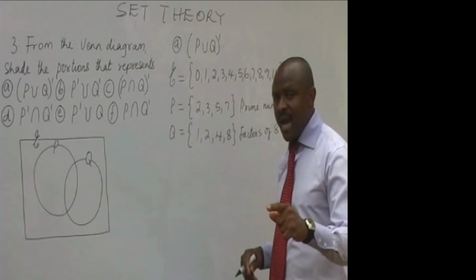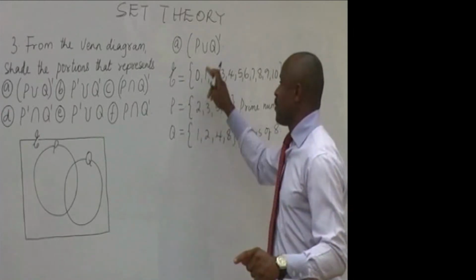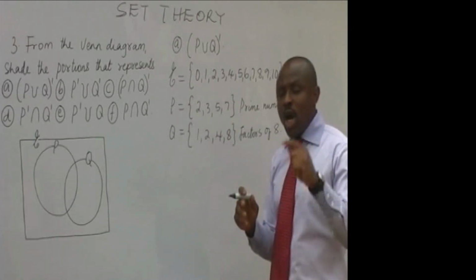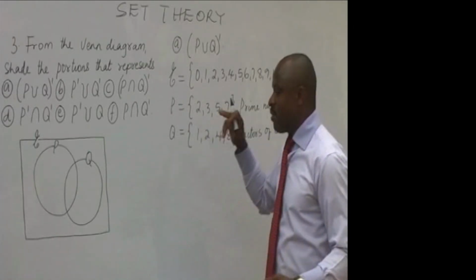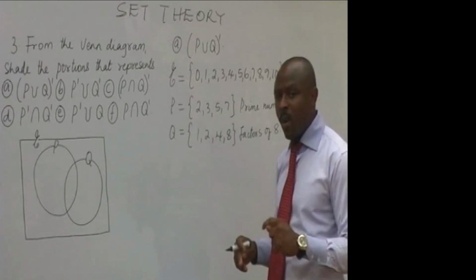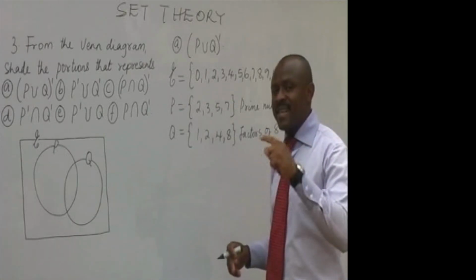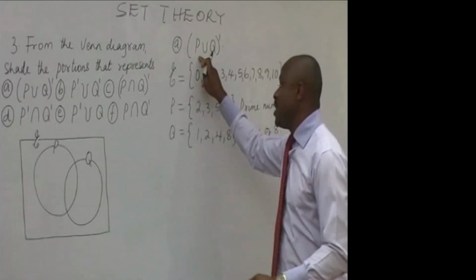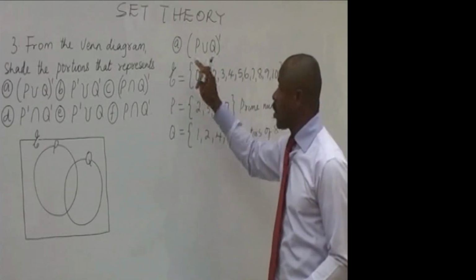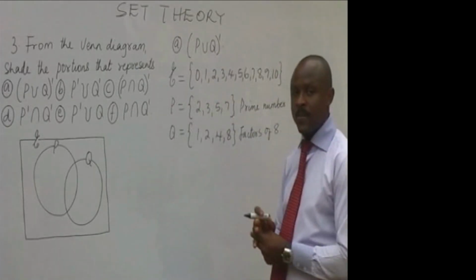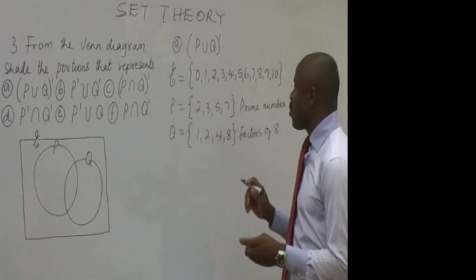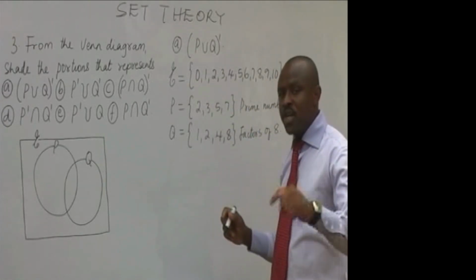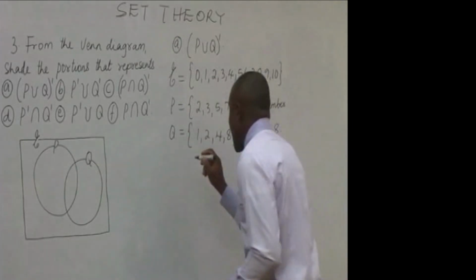Members of P and members of Q that complement the members of the universal set, otherwise, members of the universal set that you could not find in P union Q. That is what we call P union Q prime. So first of all, we are going to find P union Q before we can find P union Q prime. So let's find P union Q.